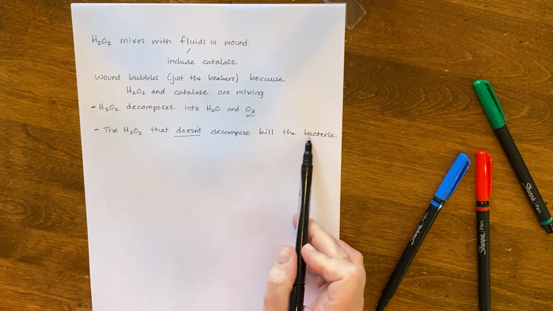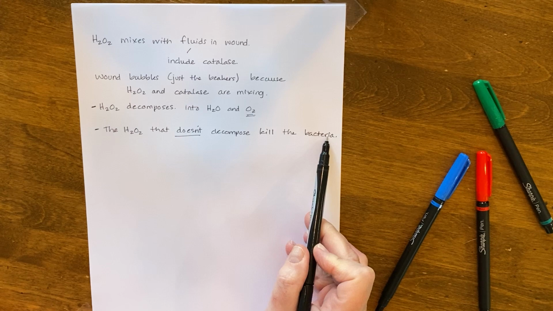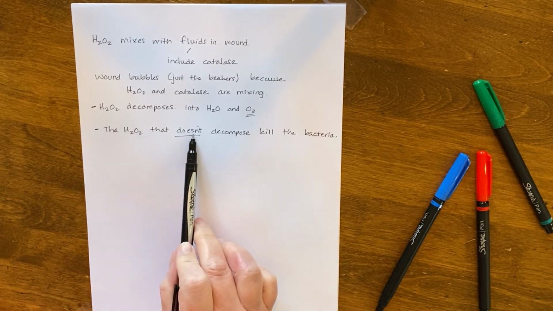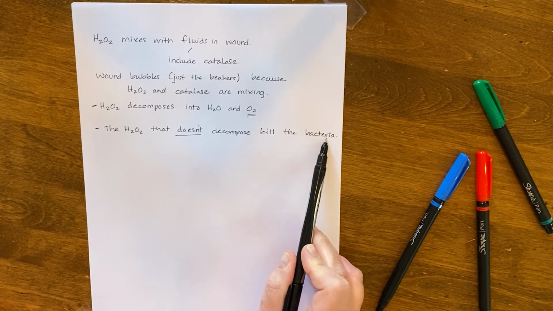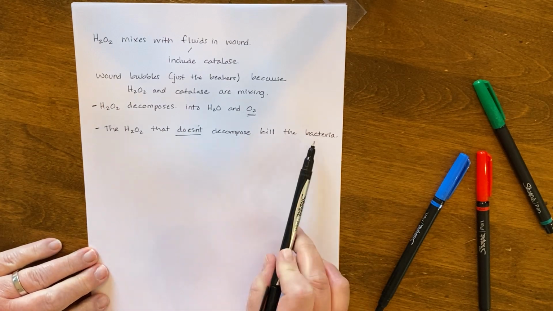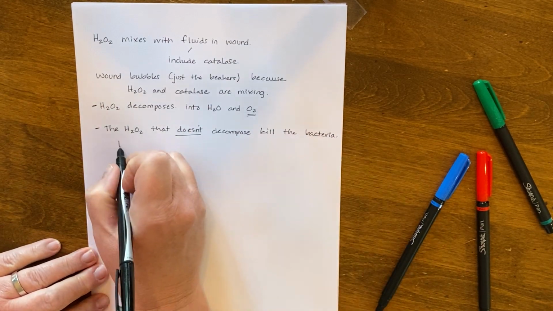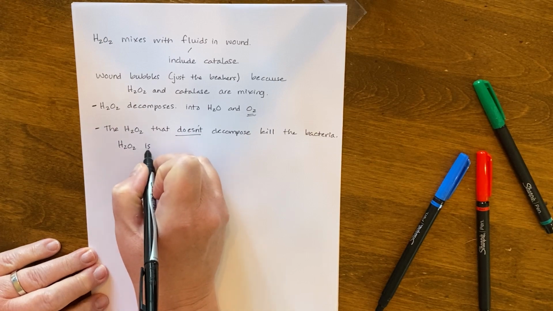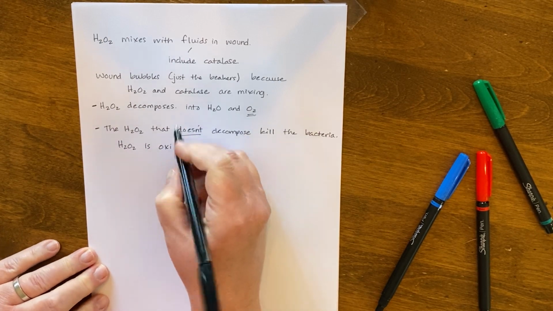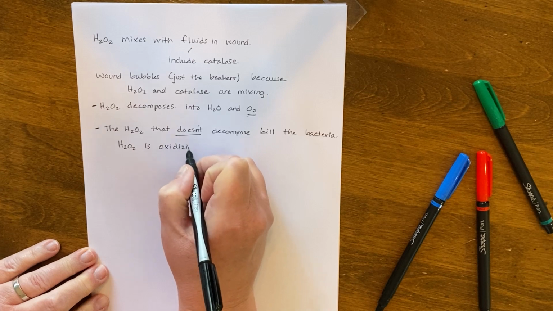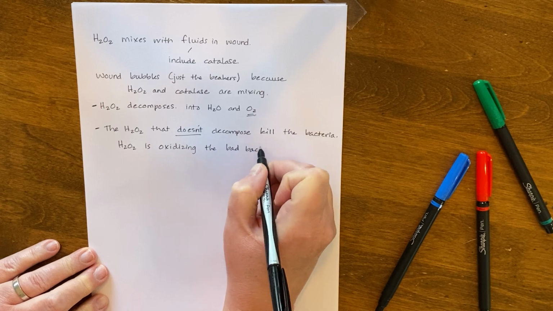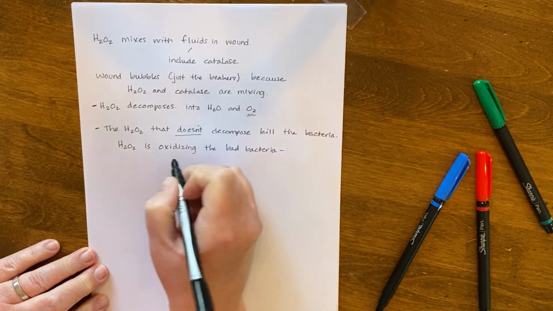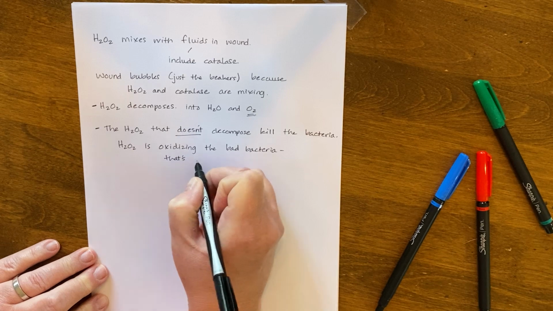Well, we want these bacteria chemicals to be destroyed. So the hydrogen peroxide that doesn't decompose is actually left then to kill the living bacteria. Okay? So the hydrogen peroxide that doesn't decompose is oxidizing the bad bacteria in your wound, and that's what disinfects your wound.